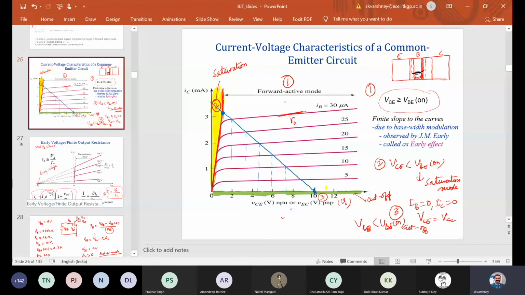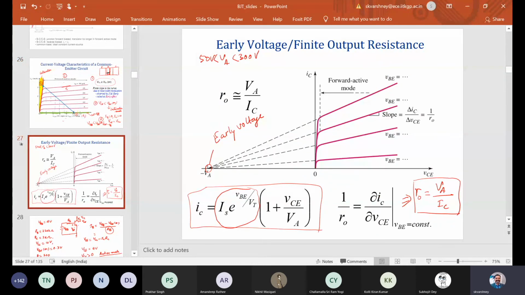So this was observed, that they meet at one point. Since on the x-axis you are plotting the voltage, this voltage has been referred to as the Early voltage, after the name of the scientist who discovered why this is happening for the common emitter configuration. And this number roughly goes quite large.